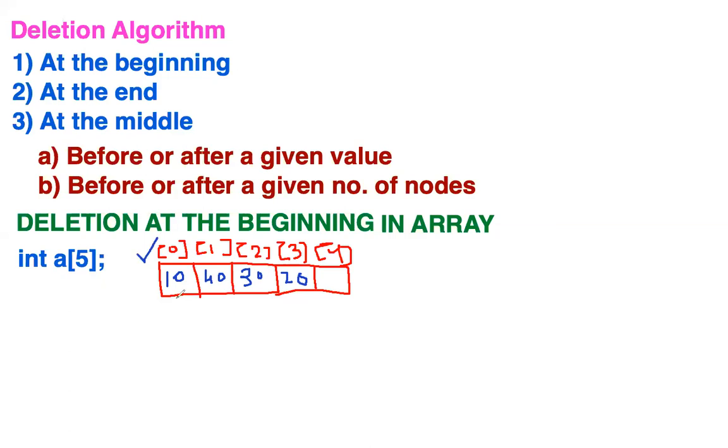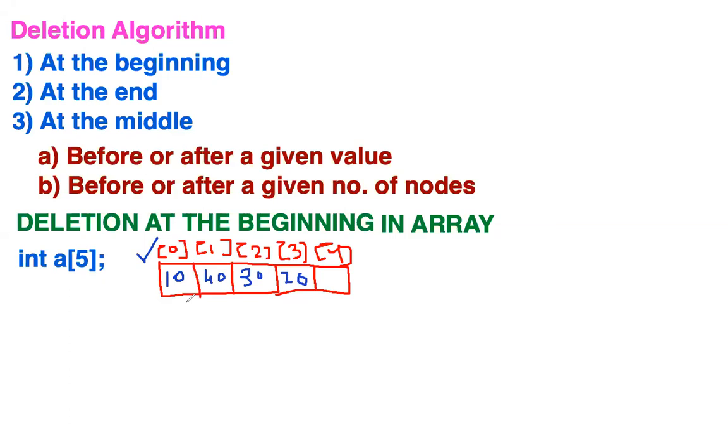Now in case of an array, if we are deleting, that means this memory space has to be overwritten by some other value. If it is overwritten by some other value, then we can assume that the value has been deleted.